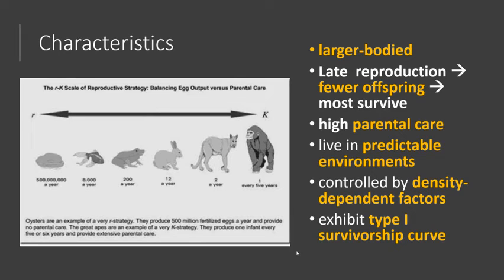As I said, they live in constant and predictable environments. They are controlled by density dependent factors, which include things like the location of food and water. K-selected species also exhibit a type 1 survivorship curve, which we will see shortly.